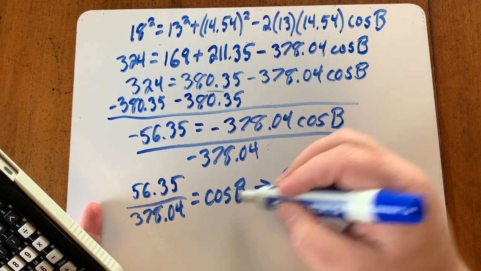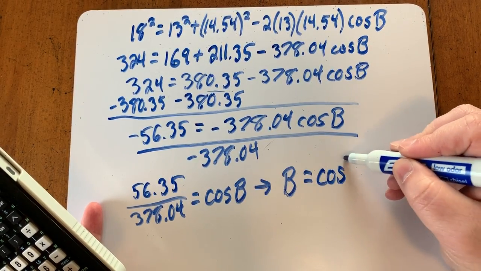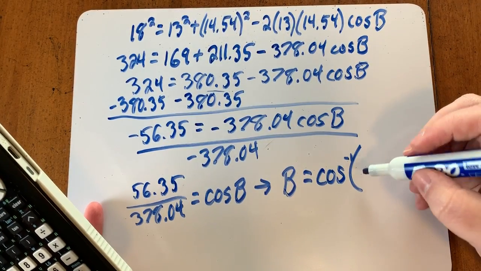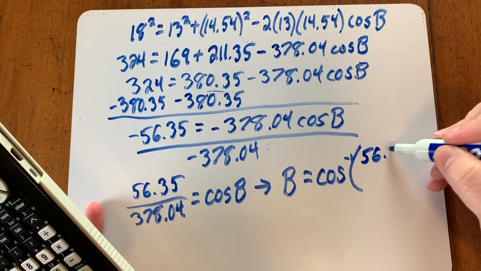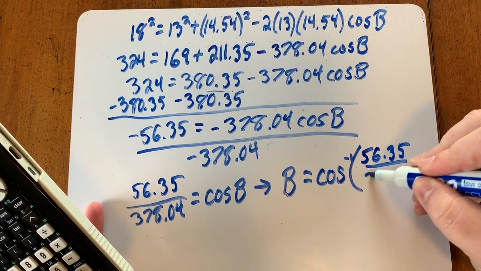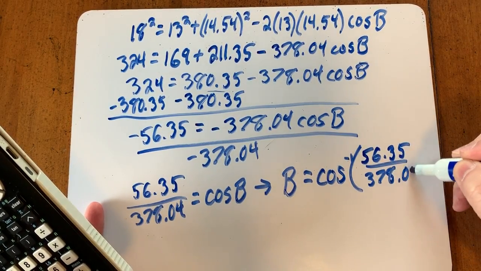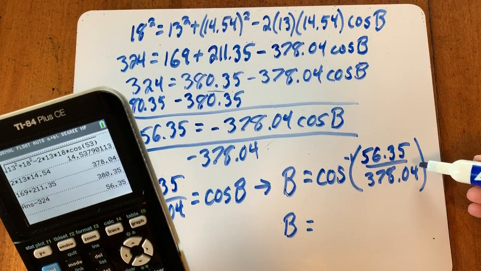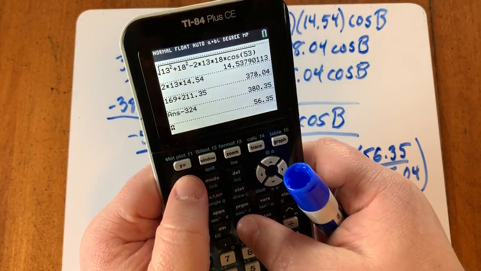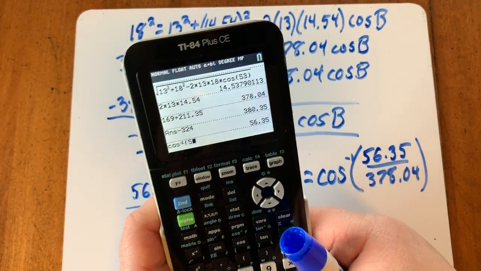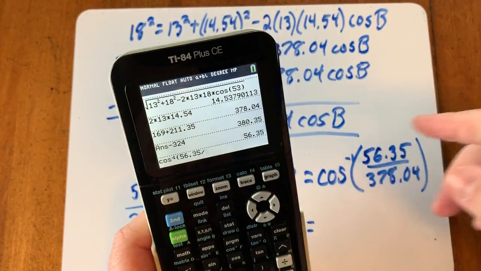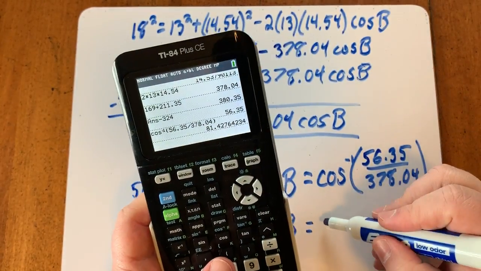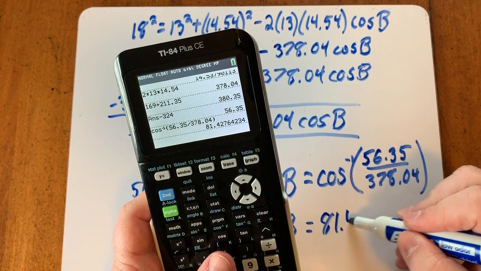And to get rid of that cosine, you take the cosine inverse. Since that's not going to be exact, I'm just going to leave it as is and plug it into my calculator. So cosine inverse of 56.35 divided by 378.04 equals 81.4 degrees.